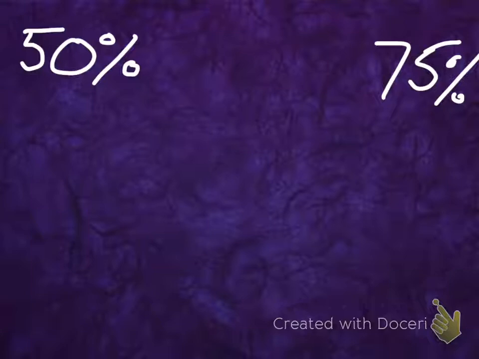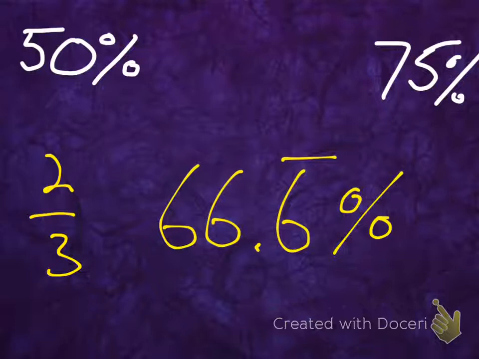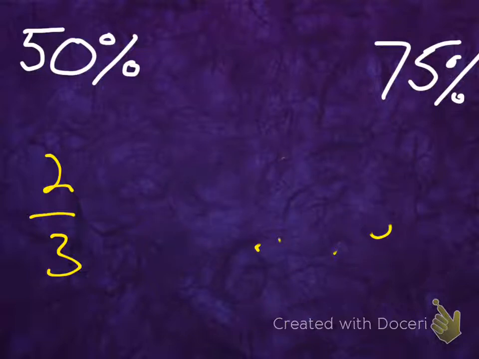Next you have 2/3. What is 2/3 as a percentage? 66.6. Does that come in between? Yes. It sure does. So that's probably our answer. Right now C looks good.